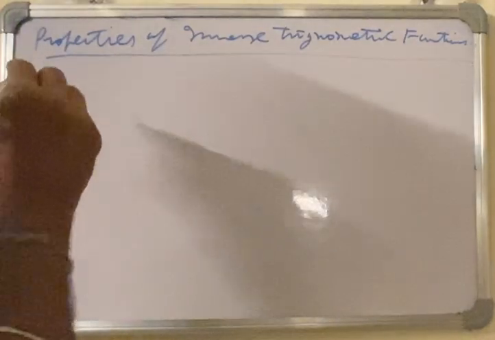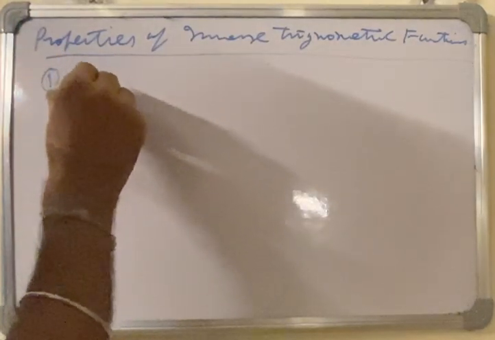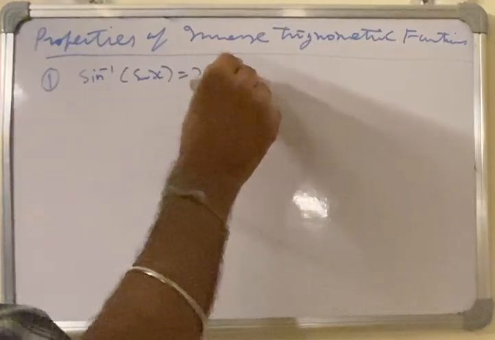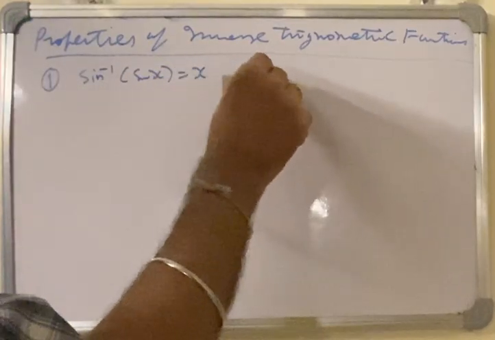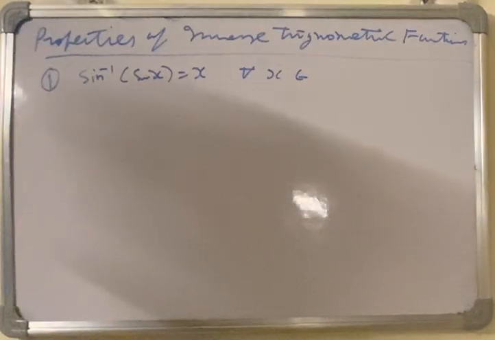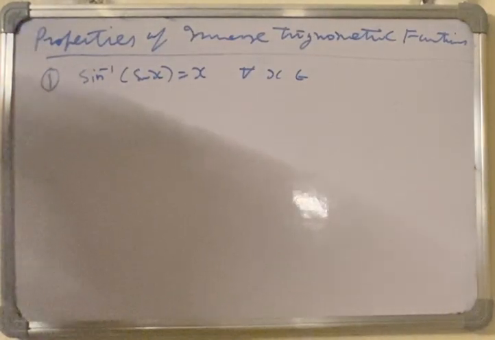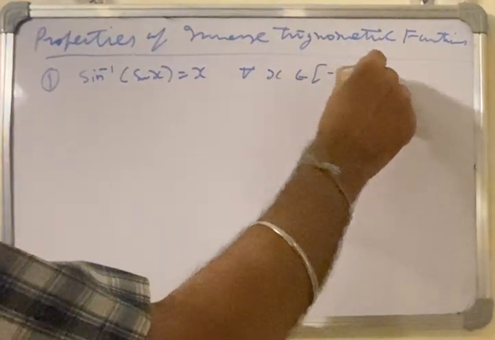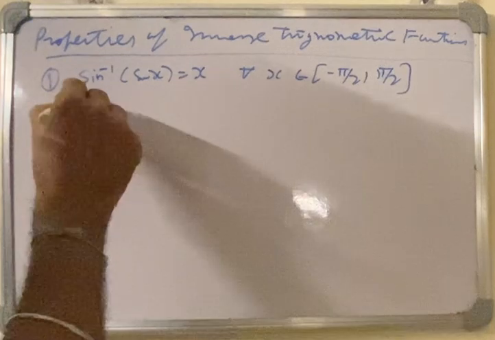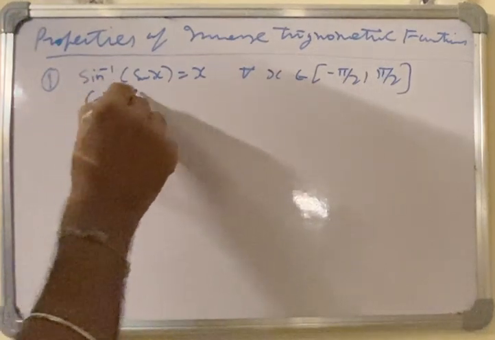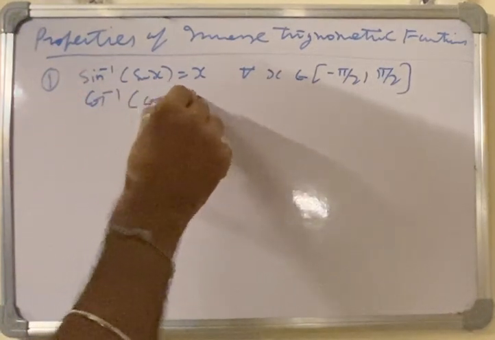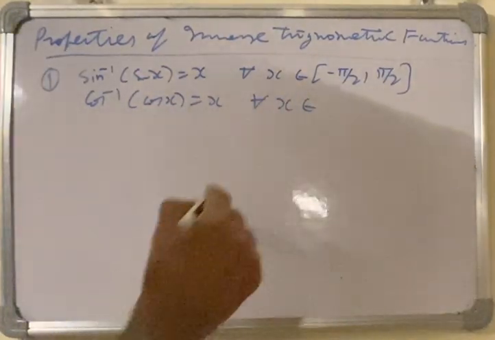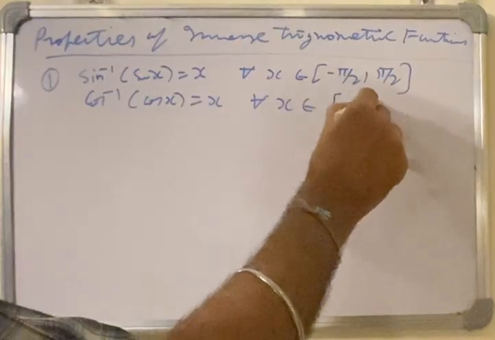Sin inverse sin x is x for all x belonging to the closed interval minus pi by 2 to pi by 2. Cos inverse cos x is equal to x for all x belonging to the closed interval 0 to pi.